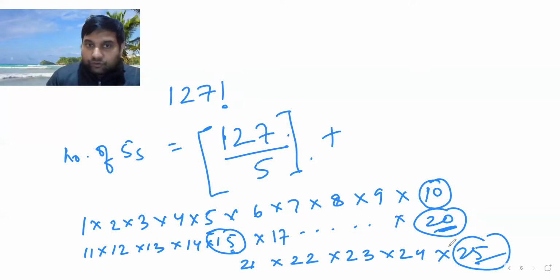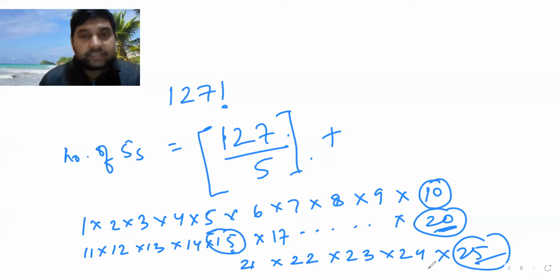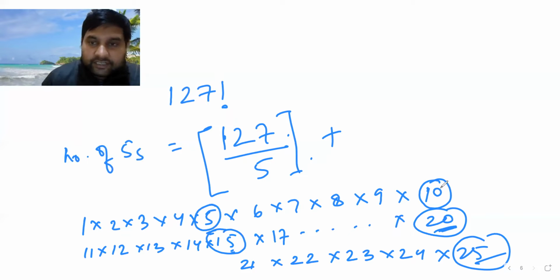So we will have to count the additional 5's also, which is all the numbers wherever 5 is raised to a power, we will get an additional 5. So 1 5 here, 2, 3, 4, but here the number of 5's will jump by 2 because 25 is 5 raised to the power 2.